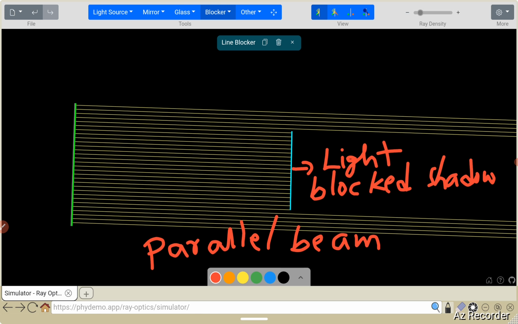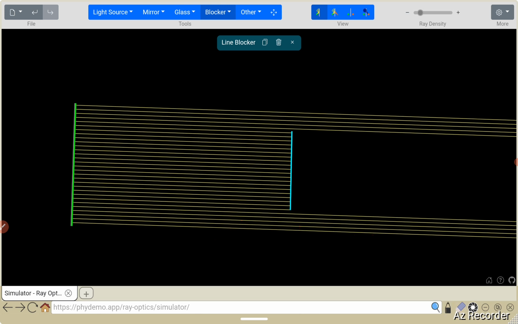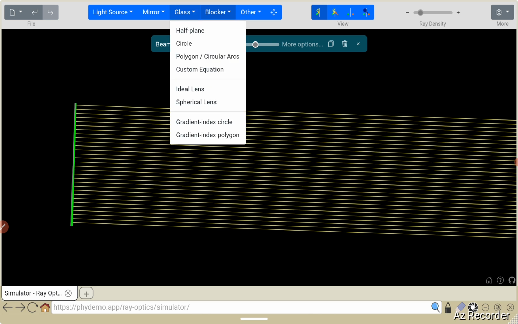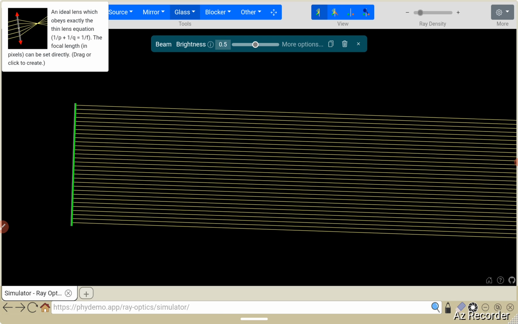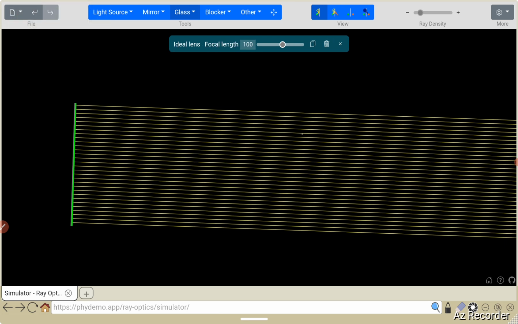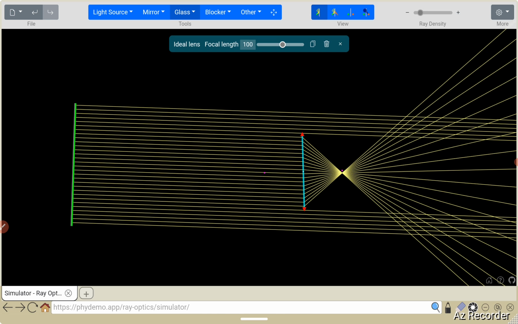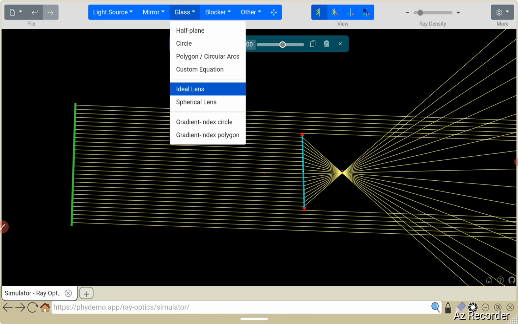Understood? Now if I just remove this blocker and if I just take a glass. Glass means what? We have seen glass means it will allow the light to pass through it. Correct? Now I am just taking a glass. We can take a simple glass or lens, anything.